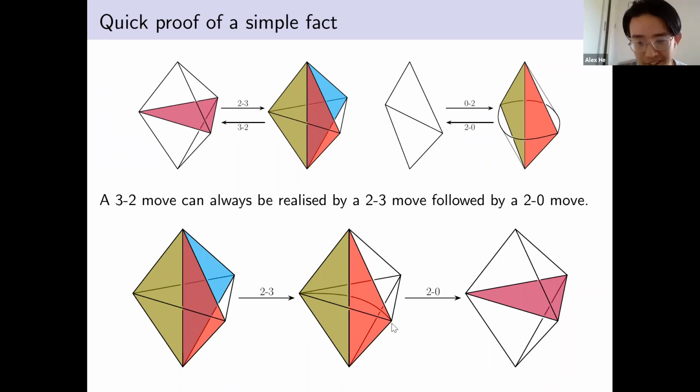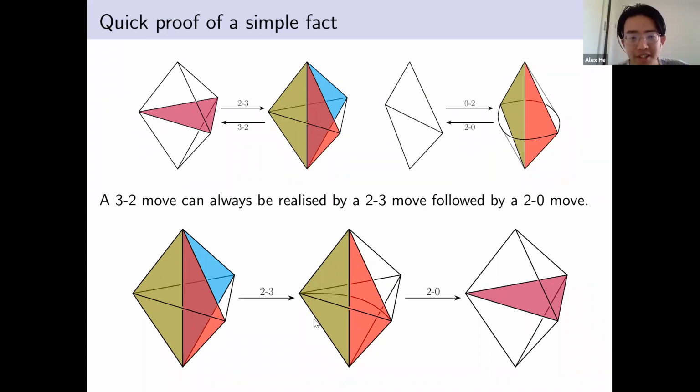It's maybe useful to visualize where the 3 new tetrahedra are in this picture. I can't help much by explaining it, so maybe I'll just let people stare at it for a while and try to see where the 3 new tetrahedra are. But I promise this is a 2-3 move.